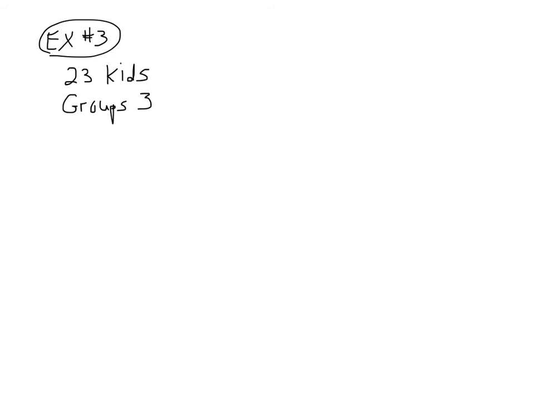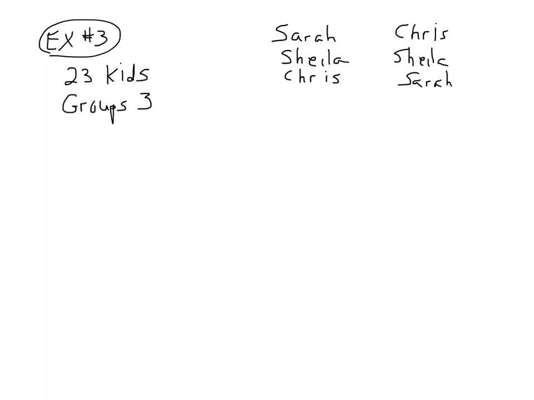If this is your group, Sarah, Sheila, and Chris, and I name them in another order: Chris, Sheila, and Sarah. That's still the same group. It doesn't matter what order I say the names. This group and this group are the same group. So order doesn't matter. That's a combination.